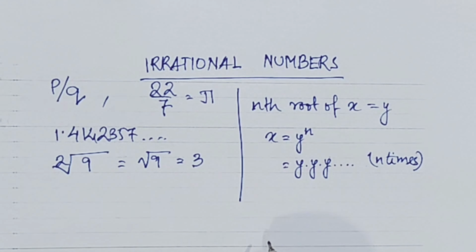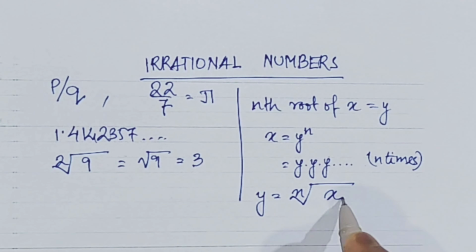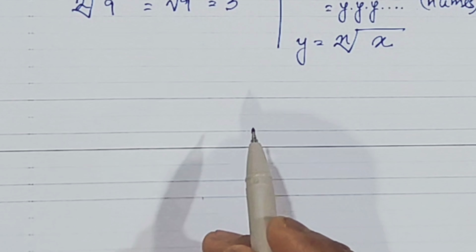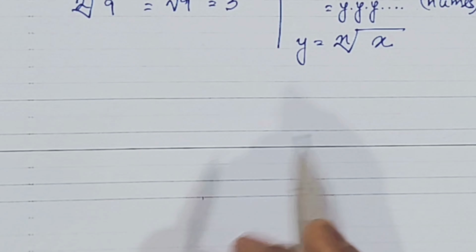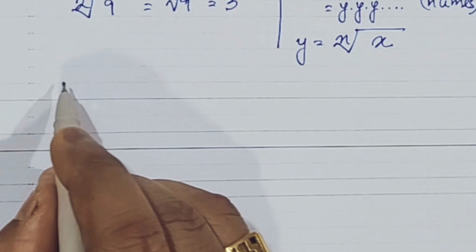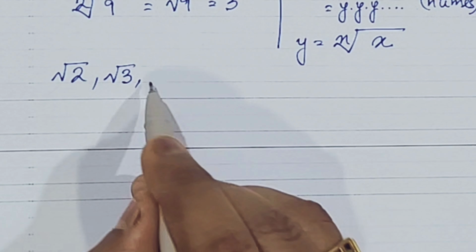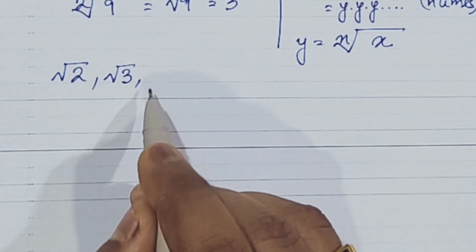From this definition, we figure out that y should be written as the nth root of x. Now in general, a lot of your irrational numbers will fall in this place. So square root of 2, square root of 3, these are irrational numbers.